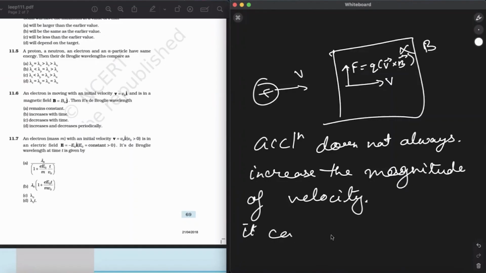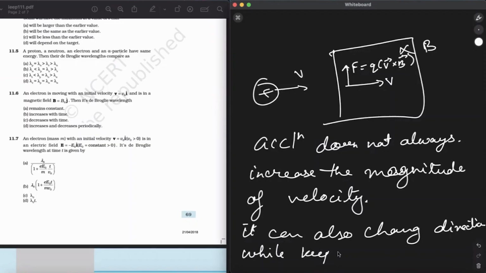It can also change direction while keeping the magnitude of v constant. Note down this concept, it is a very important one.